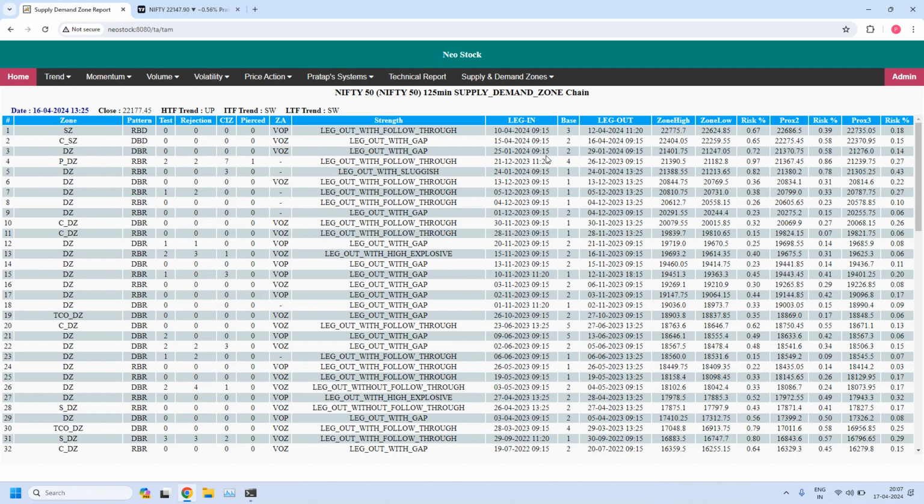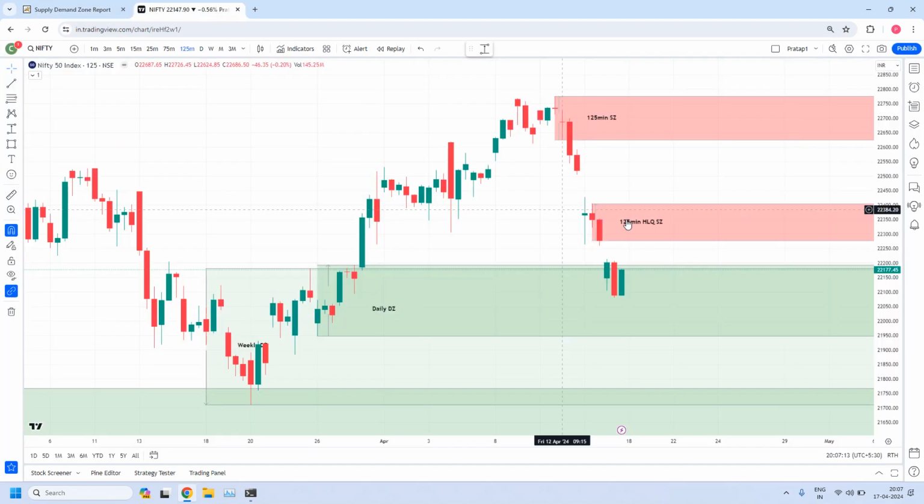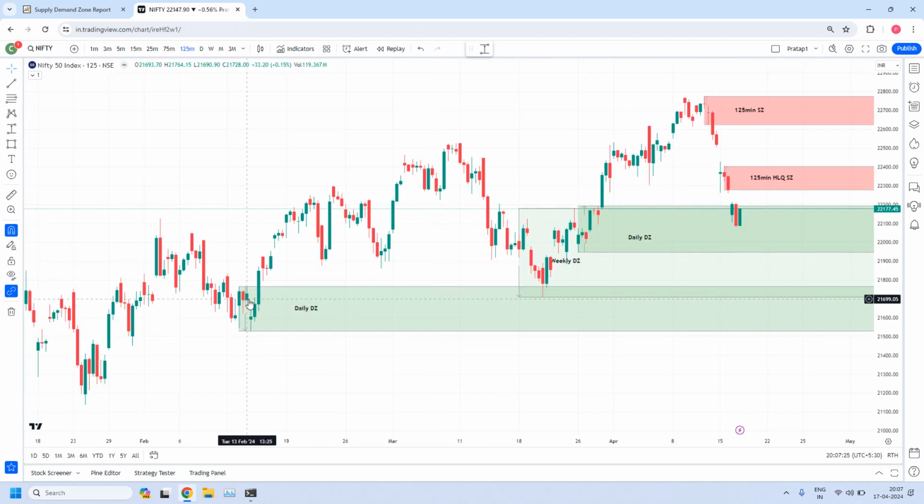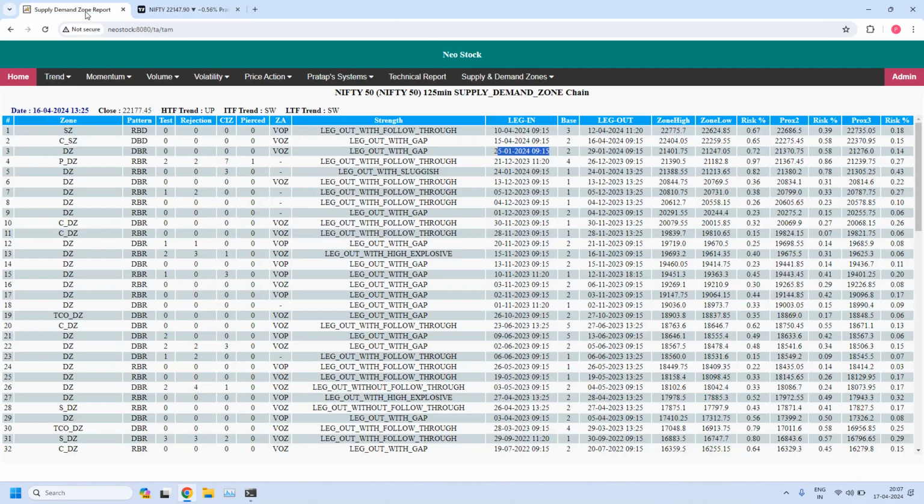So first let us draw this zone. It is 25th January 9:15, two base candles.